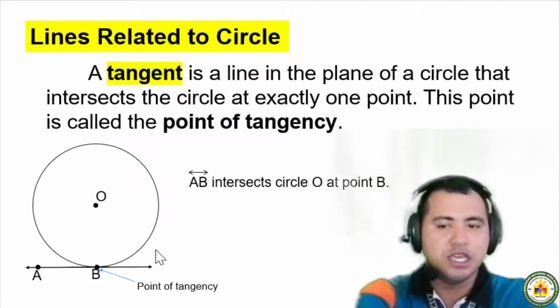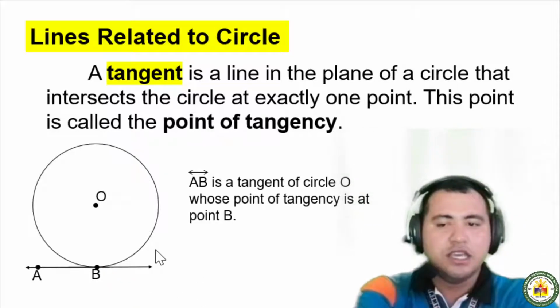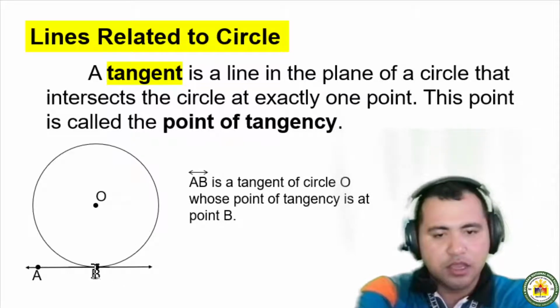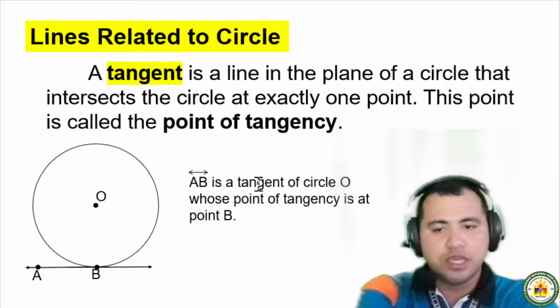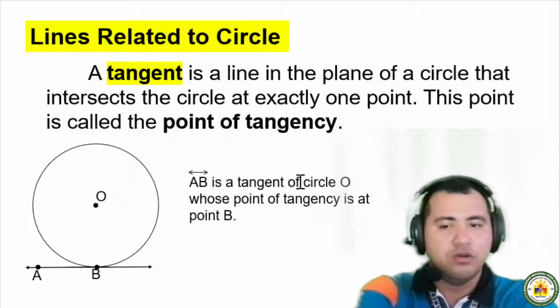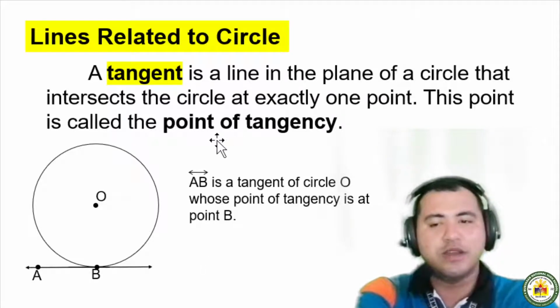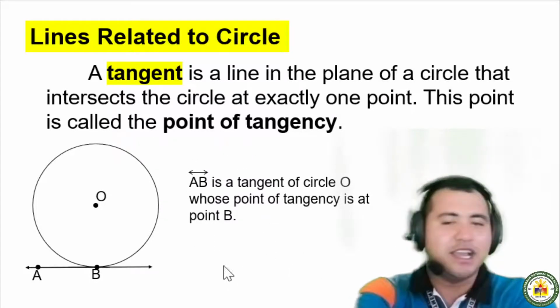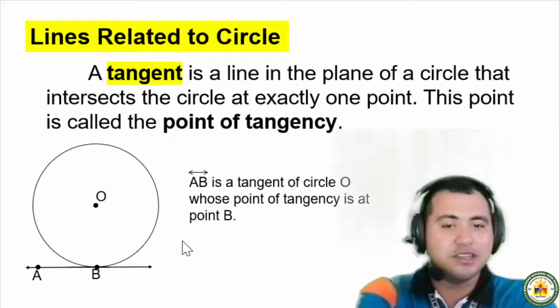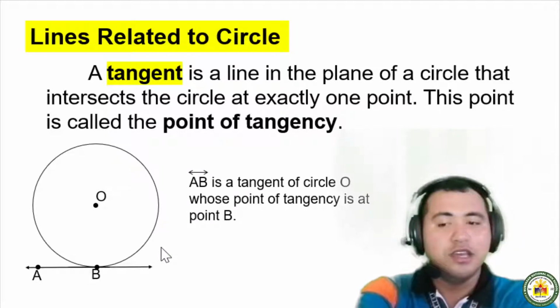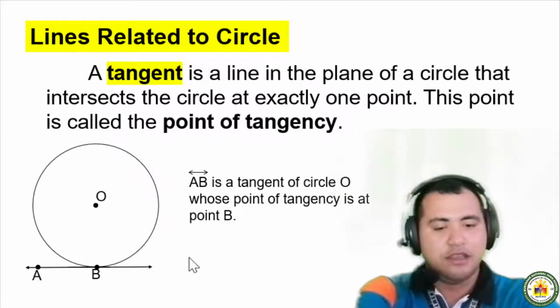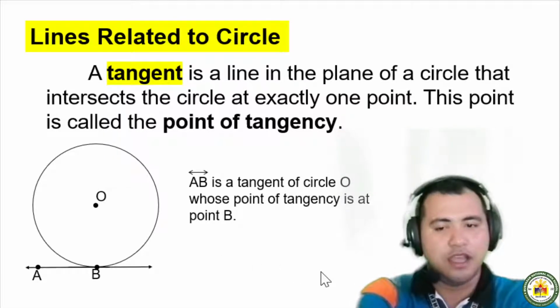Thus, si AB, kay usa ra may ilang point of intersection, so AB is tangent of circle O, whose point of tangency is at point B. Ang kalainan nila sa secant, duha ang sa secant nga intersection. Ang sa tangent, usa. Ang kapareho kay puro sila linya. Again, okay.